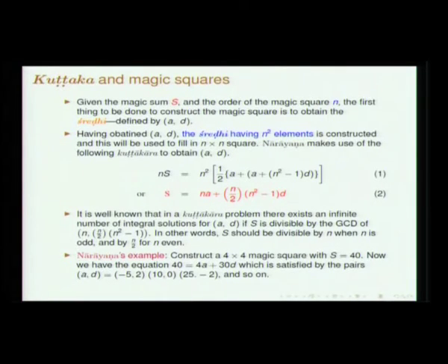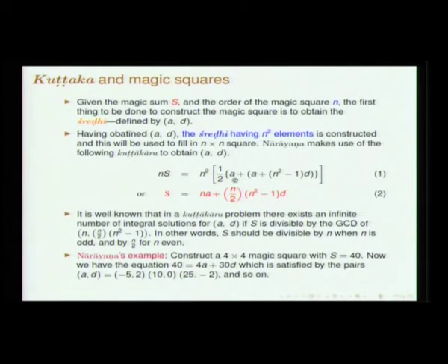The sum of all elements will be n times S, that is the left hand side. On the right hand side, A is the first term, and taking first plus last by half gives the mean, which has to be multiplied by n square because there are n square terms. This is the equation which he has in his mind.